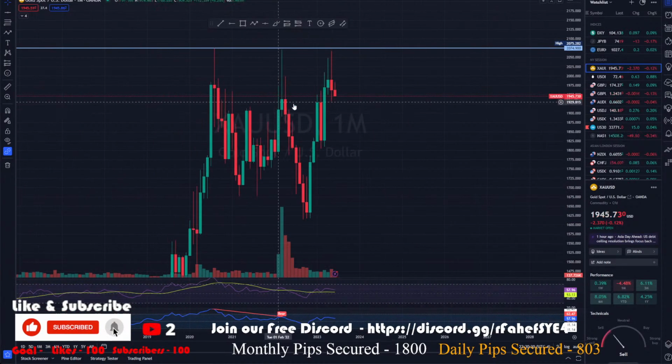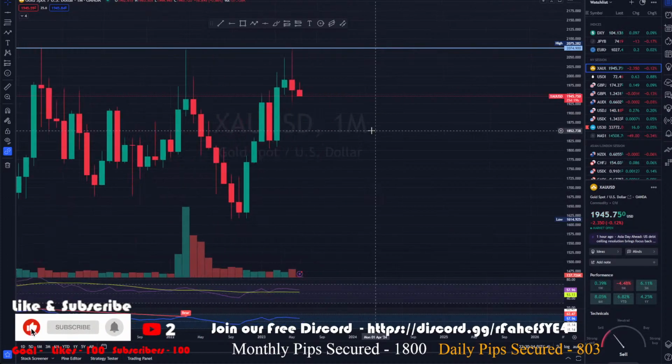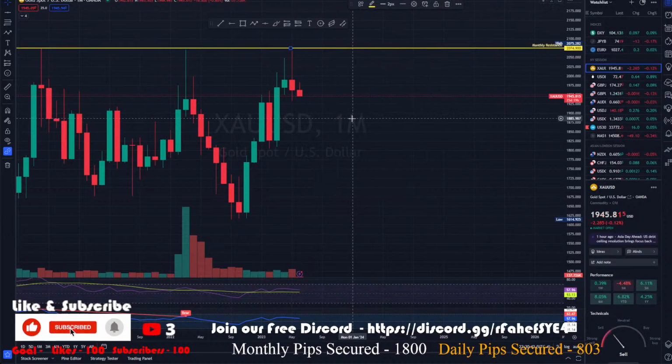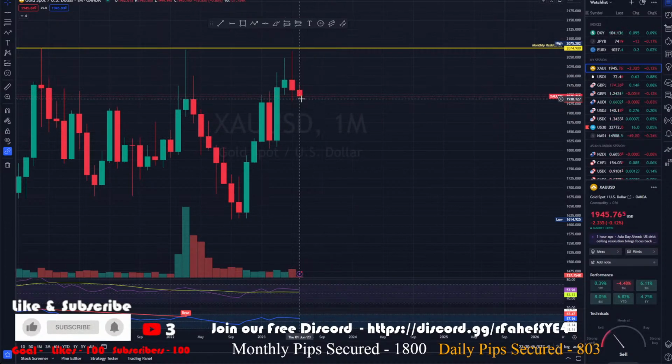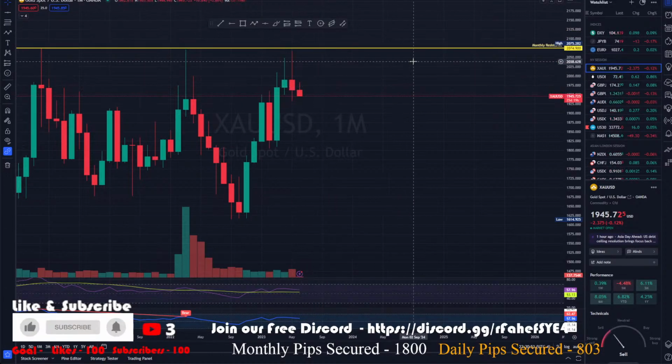Okay, let's keep it there. And now, next step. This is the historic high, and we want to call this template monthly resistance. Because price is headed down right now, we would expect for price to come up here. This is the area of rejection, right?